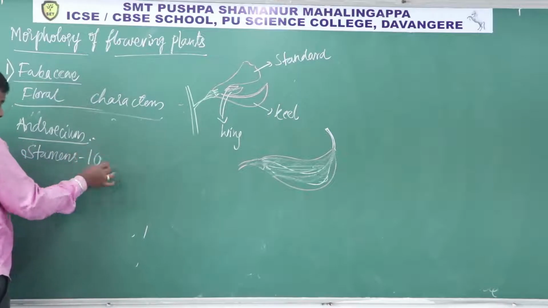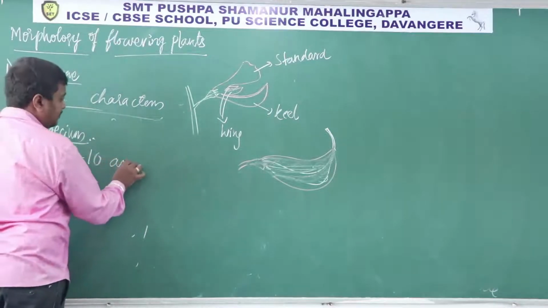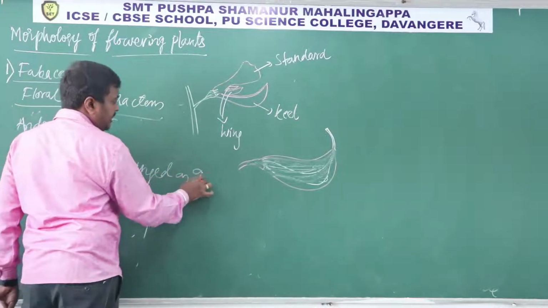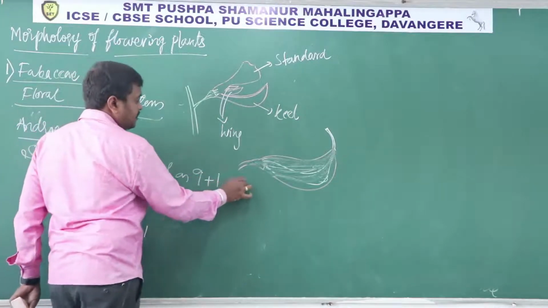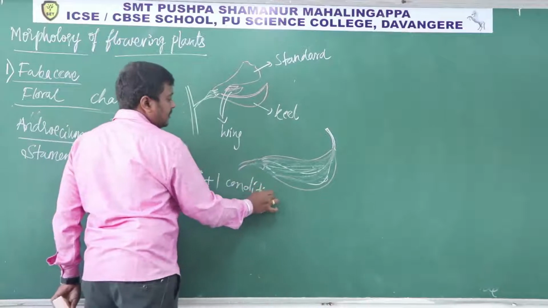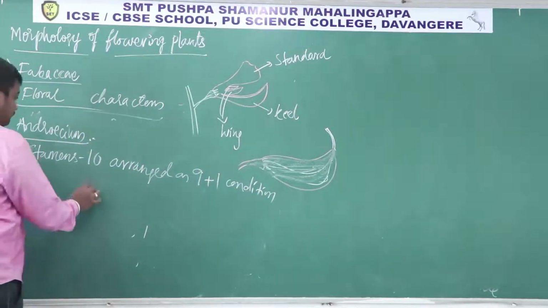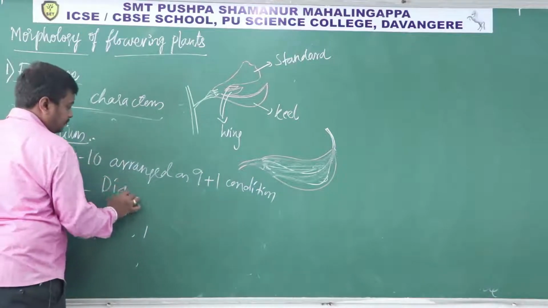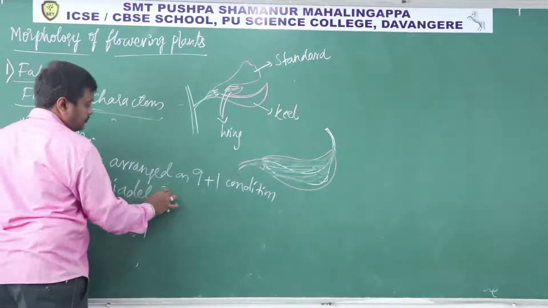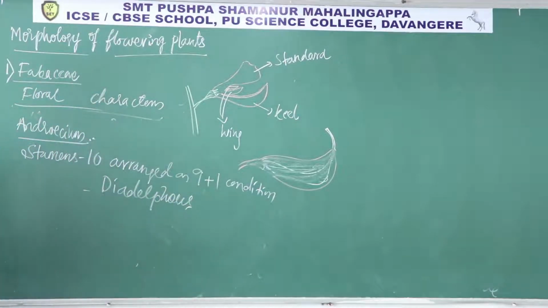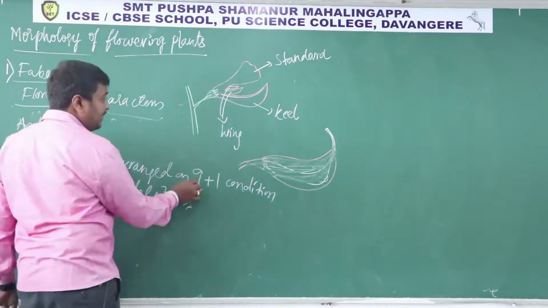Stamens 10, arranged as 9 plus 1 condition. Arranged as 9 plus 1 condition. The condition is called diadelphous. Okay, so diadelphous means 9 plus 1 condition.